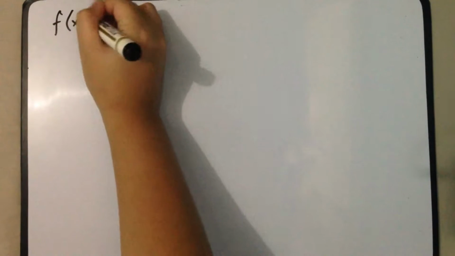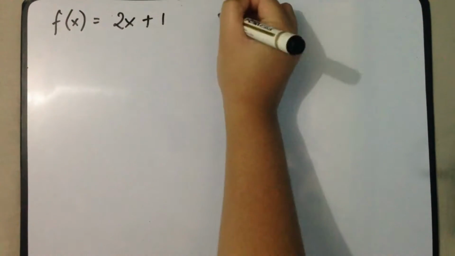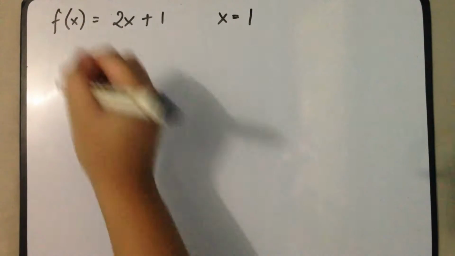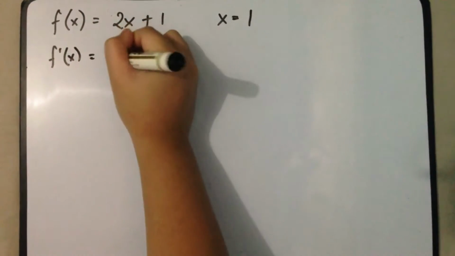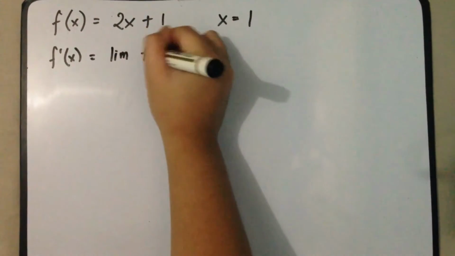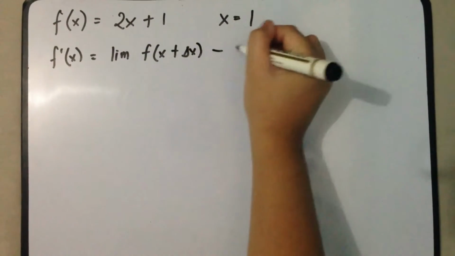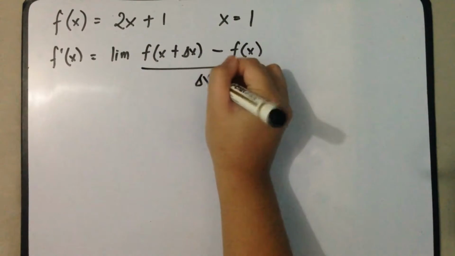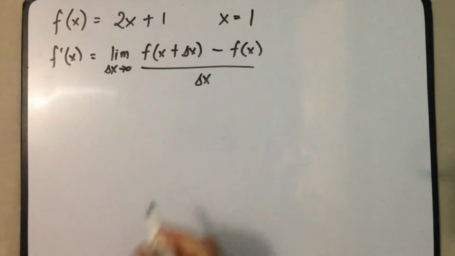So our first example is f of x is equal to 2x plus 1 and x is equal to 1. So again, our formula is f prime of x is equal to the limit of f of x plus delta x minus f of x over delta x as delta x approaches 0.